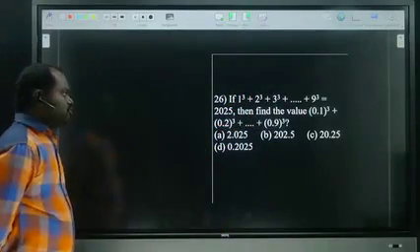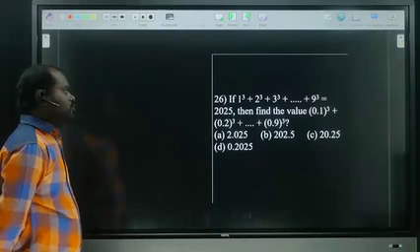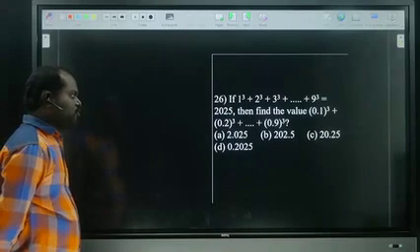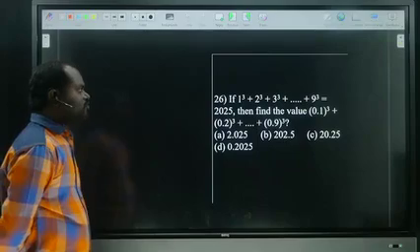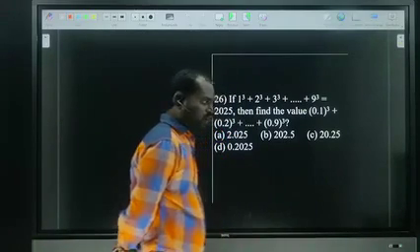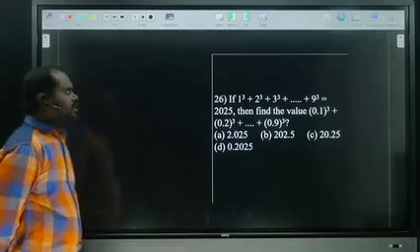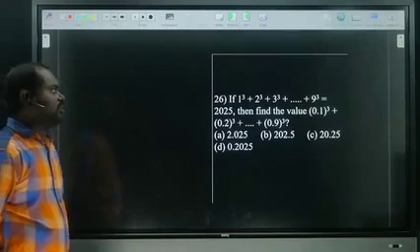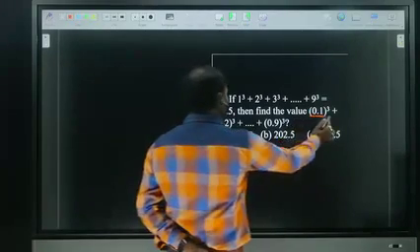1 cube plus 2 cube plus 3 cube, so on up to 9 cube, is equal to 2025. Then the value of 0.1 cube plus 0.2 cube, so on up to 0.9 cube. Now our clue is 1 cube plus 2 cube. The question is asking 0.1 cube plus 0.2 cube, such kind.